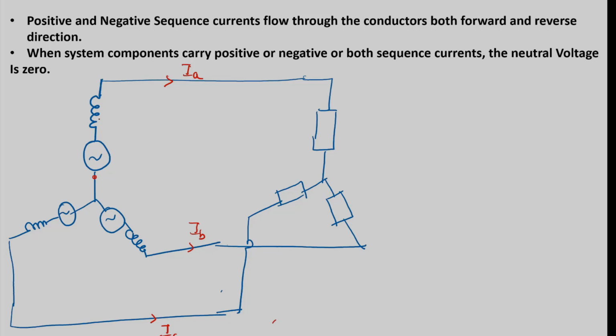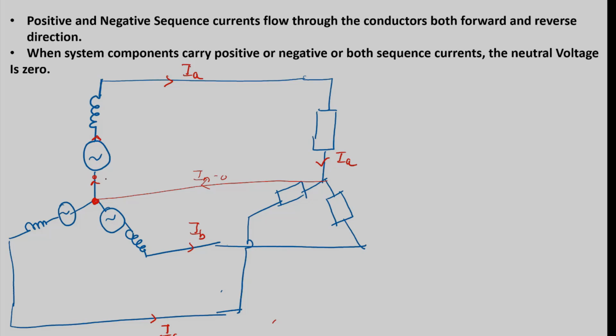So this current IA, after reaching this point, how will it come back? Because anyhow the neutral current is zero when it is balanced, so it will not come back through the neutral. So how does the current that starts from the source reach the source again?